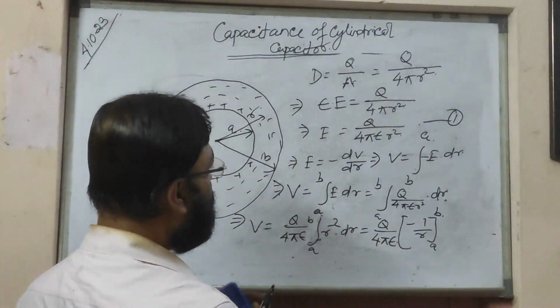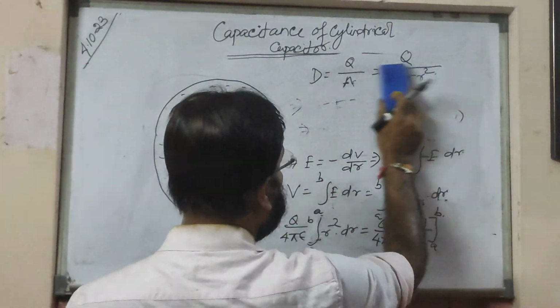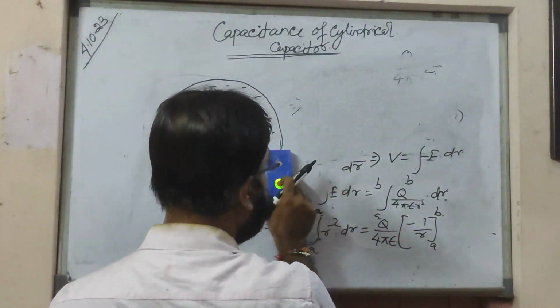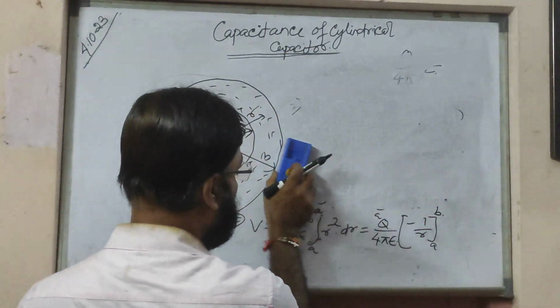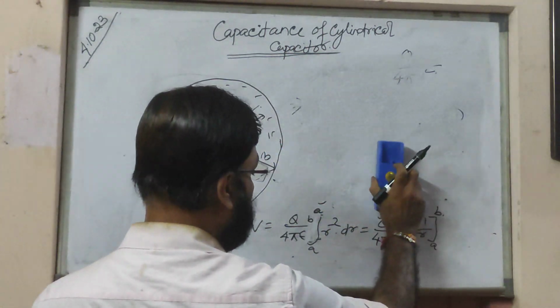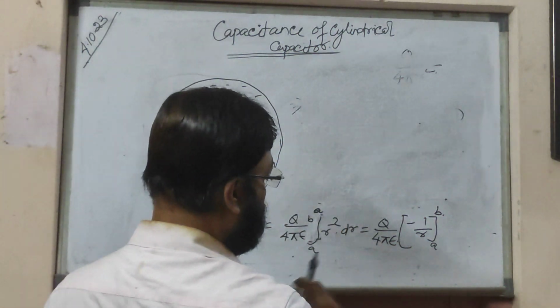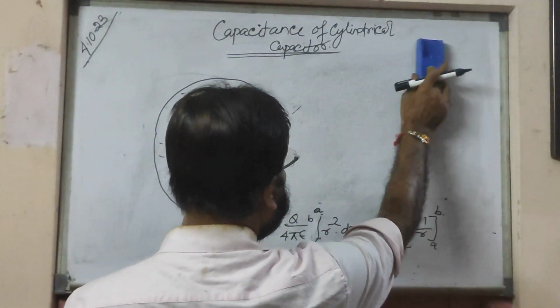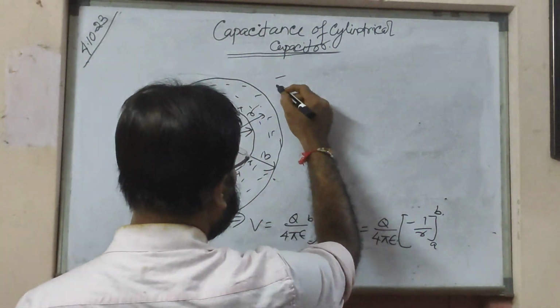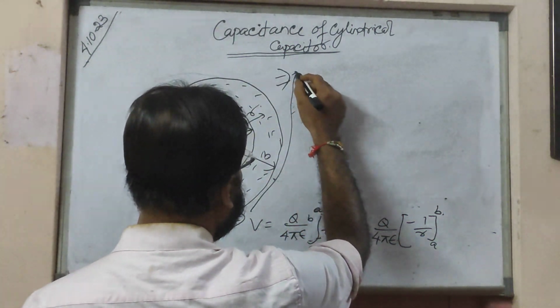So now substituting all the values, let us wipe out this one. So this will give you V is equal to, so now I am taking it here.